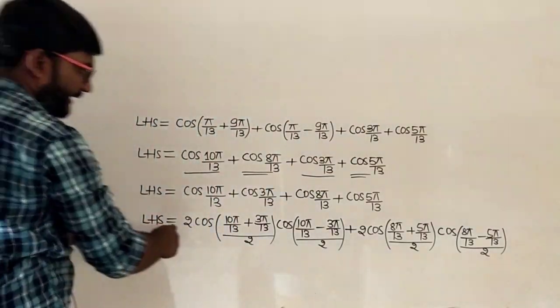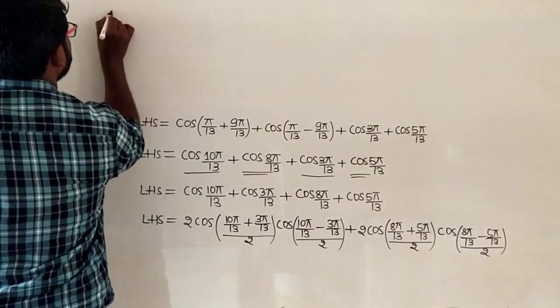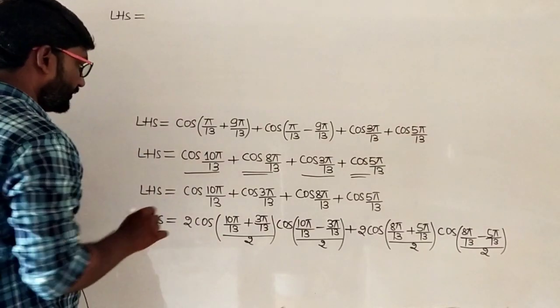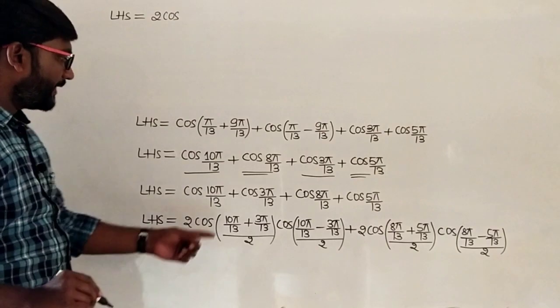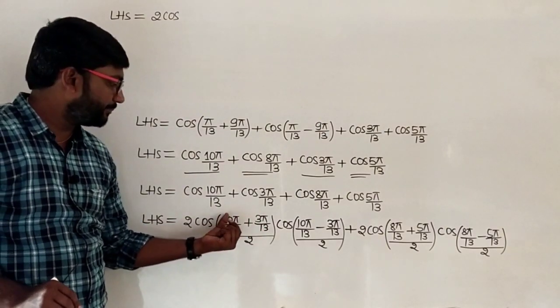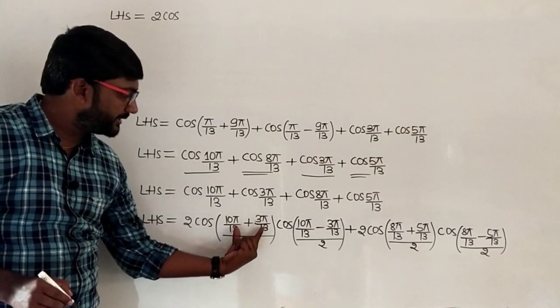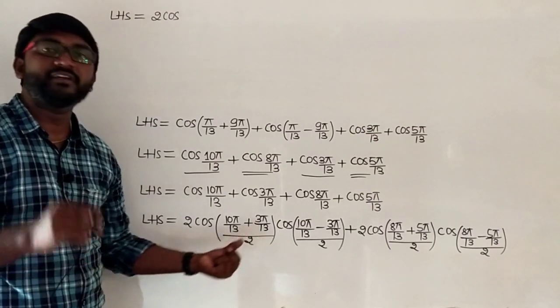Well, so I'm continuing this step here. So now left hand side which is equals to 2 cos of, see here you have the same denominator, that means numerator will be added up. 10 pi plus 3 pi will be 13 pi divided by 13 whole divided by 2. So this 2 will be multiplied with 13, we get 26.